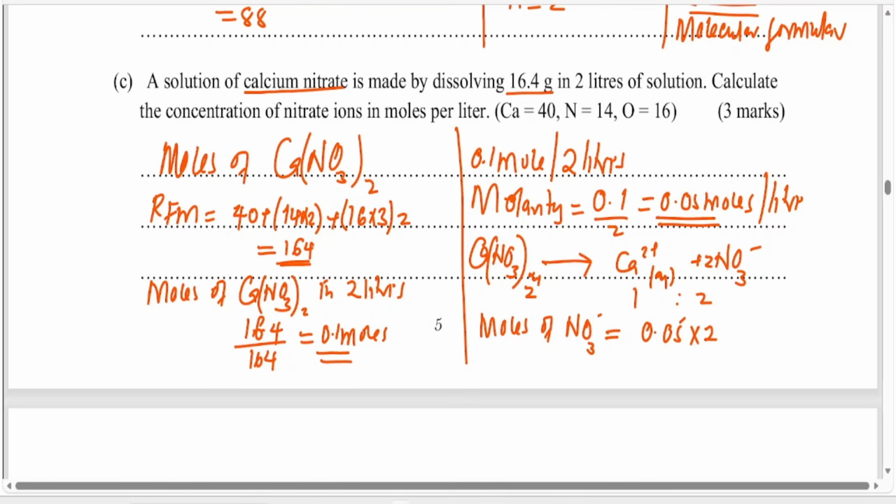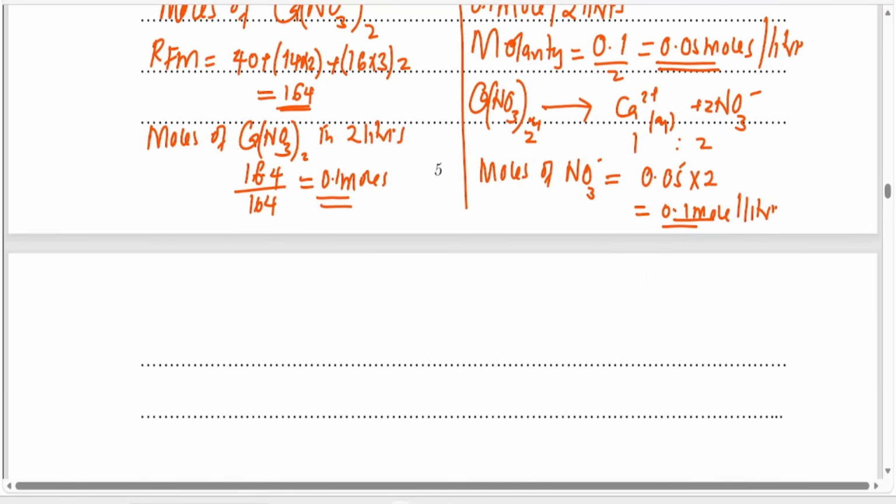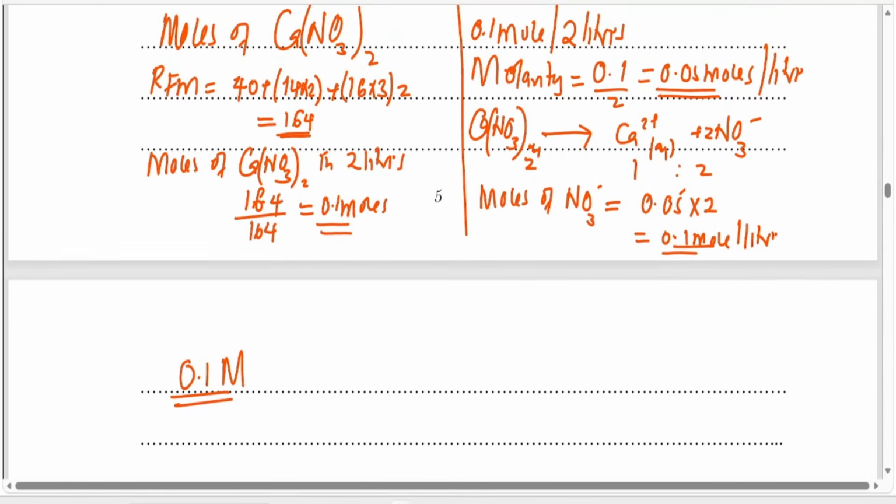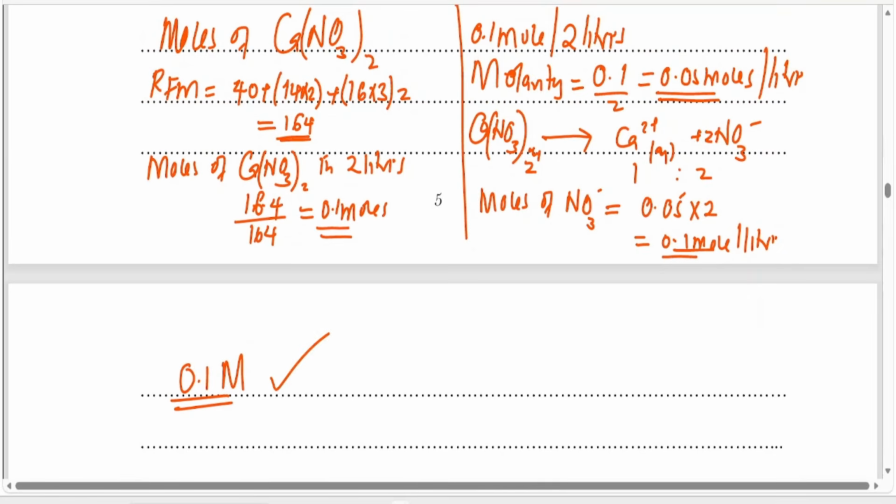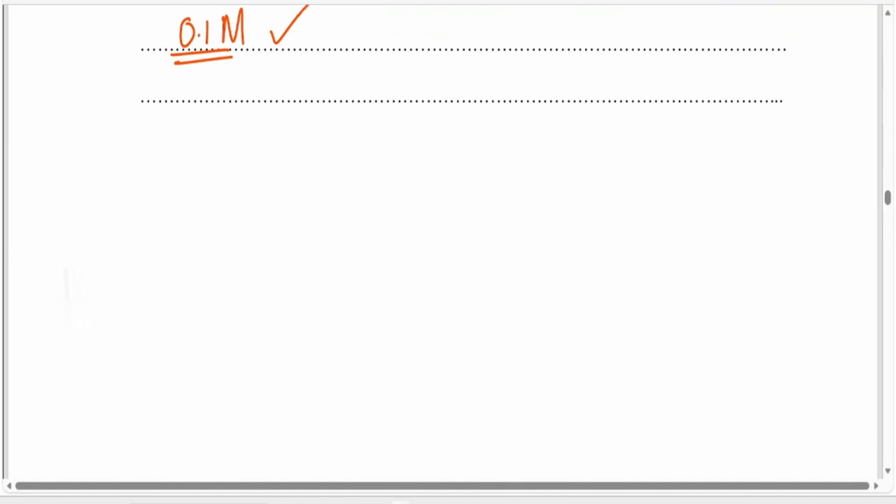So in this case, we shall obtain 0.1 moles per liter. So that was the concentration of nitrate ions, which can also be 0.1 molar.